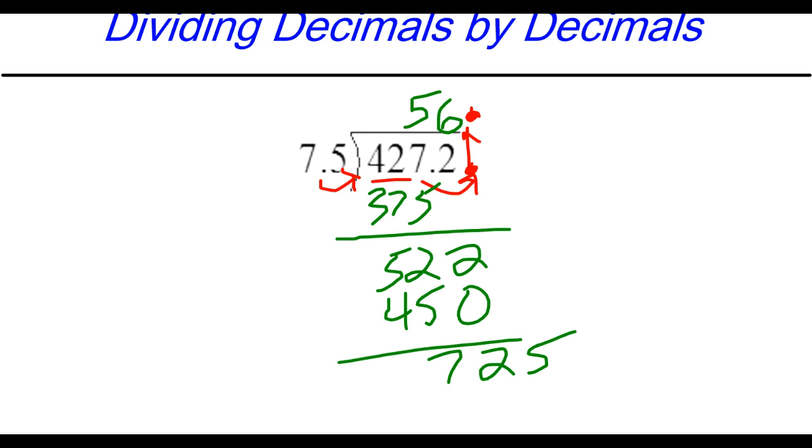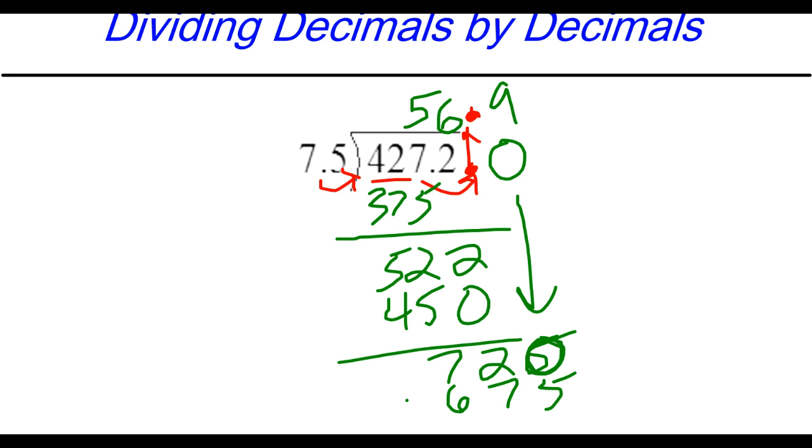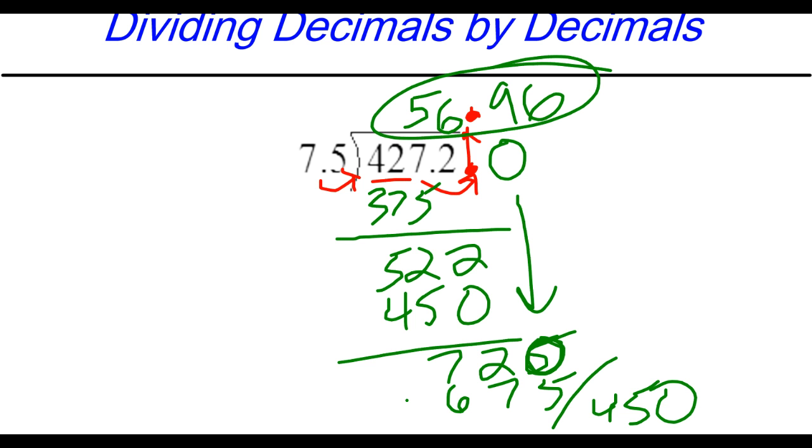And now we drop down a 0 here to get to 720, because that is our next digit. 720 allows 75 to go into it 9 times. 75 times 9 is 675. 720 minus 675 is 45. Drop the 0 down, and it goes in 6 times. So 56.96.